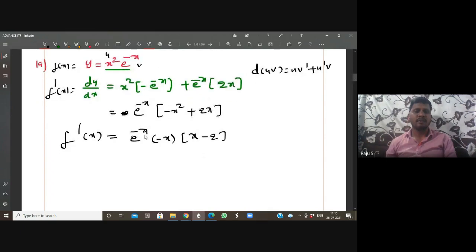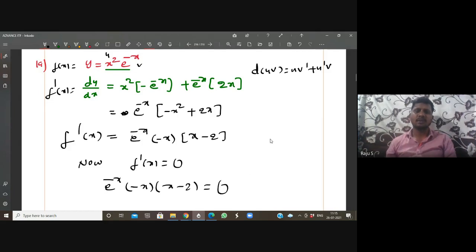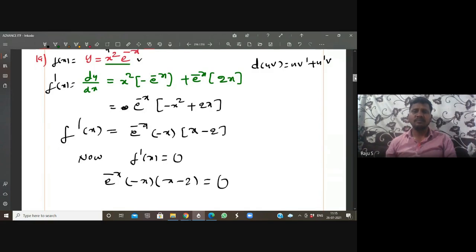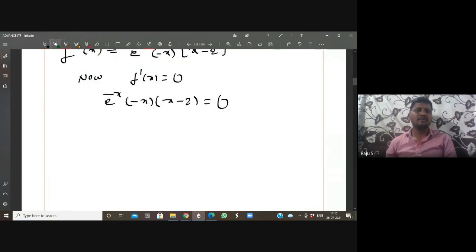Now, for increasing or decreasing, we have to equate f dash of x to 0. F dash of x equal to 0 means e to the power of minus x into x into (x minus 2) is equal to 0. Clear? So I applied the uv rule and took whatever is common. See students, e to the power of minus x never becomes 0; that we know.